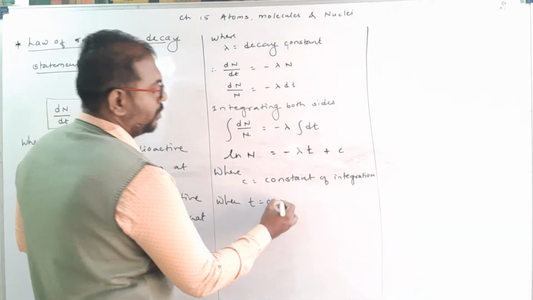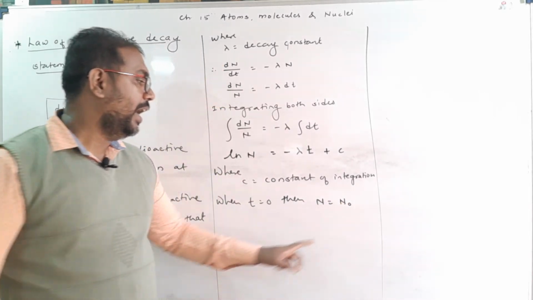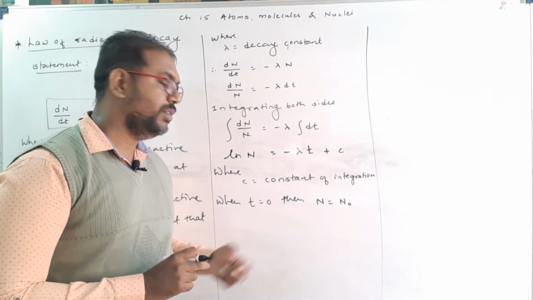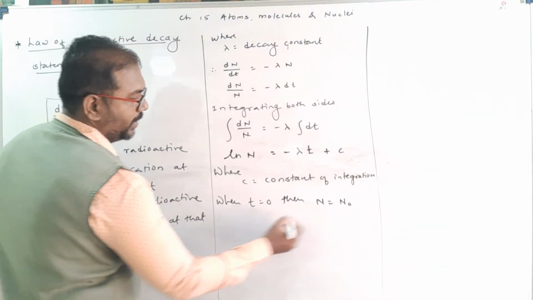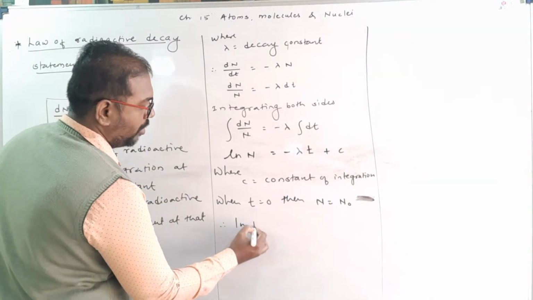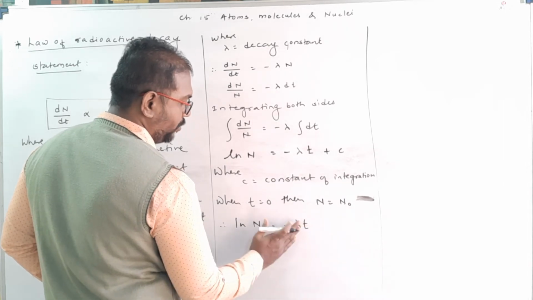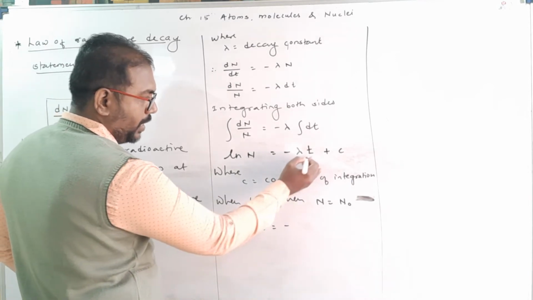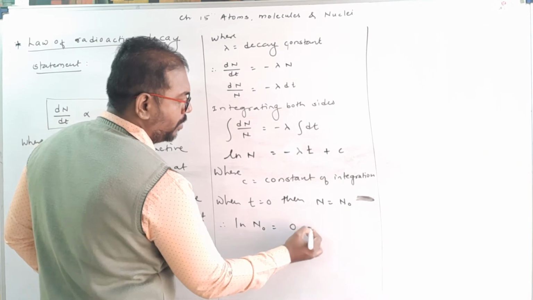So when t is 0, N is equal to N0, where N0 is the number of original nuclei present when the time is 0. Hence ln N is equal to minus lambda t plus c. I substitute ln N0 instead of ln N, and 0 instead of t: minus lambda into 0 plus c.